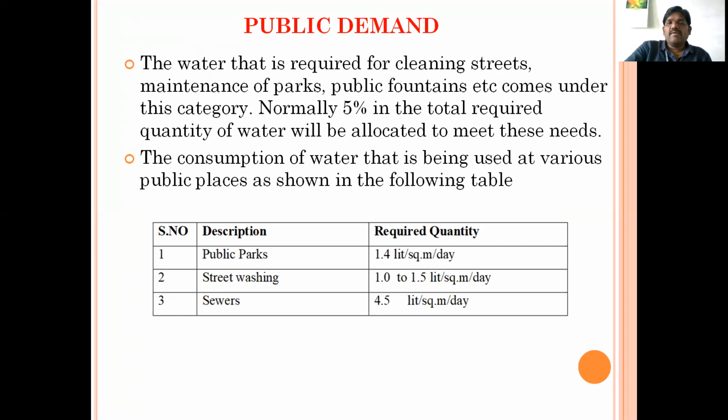This is the detailed required quantity: public parks 1.5 liters per square meter per day, street washing 1.1 to 1.5 liters per square meter per day, and sewers 4.5 liters per square meter per day.